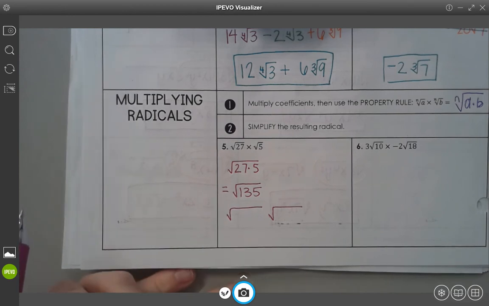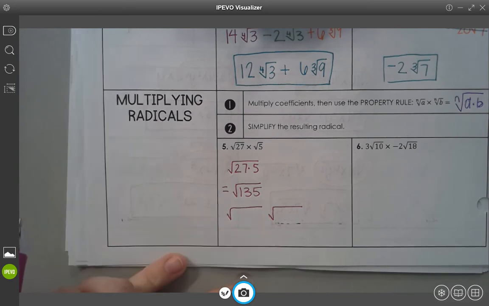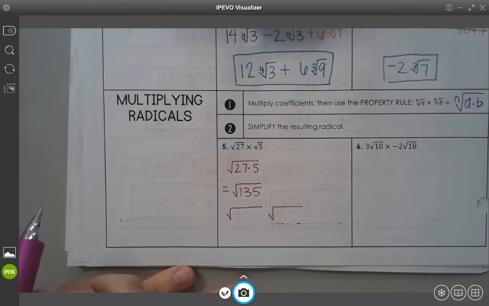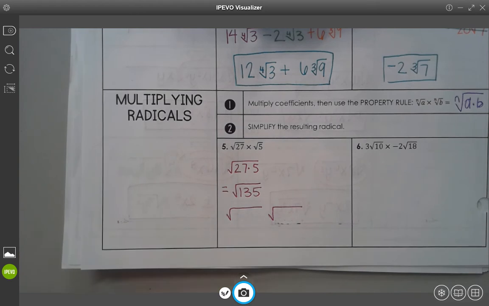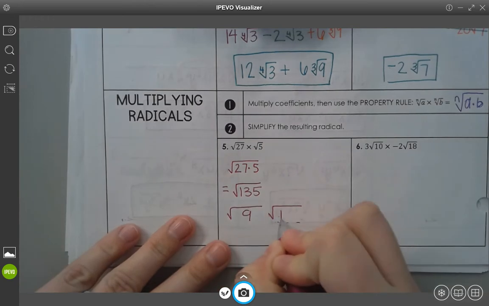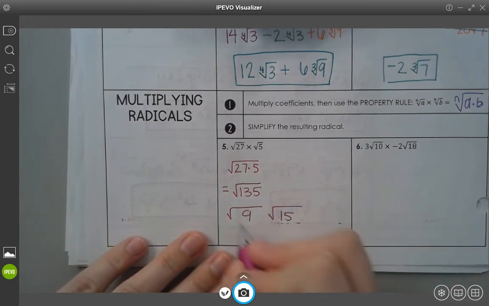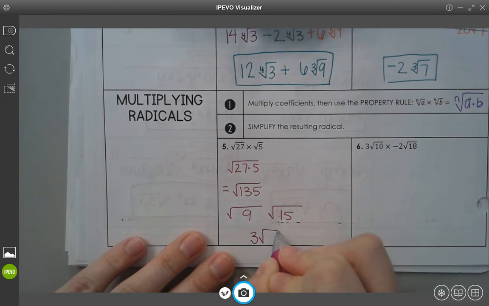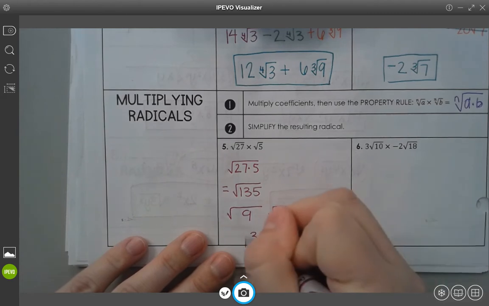You want to find the largest perfect square that goes into 135. Who's got that? See, anybody found it? It's 9 times 15. And the square root of 9 is 3. Bring down the square root of 15.